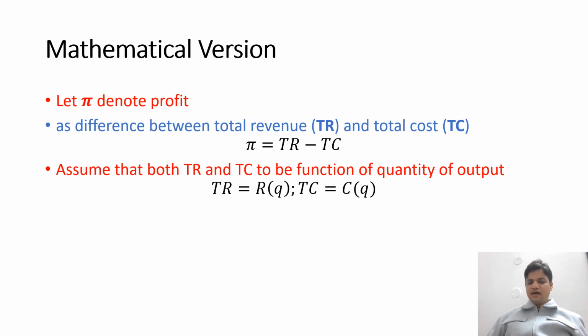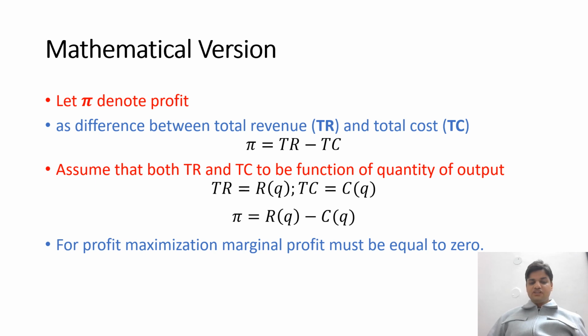Revenue is a function of the quantity Q that is produced, the output quantity, and total cost is equal to C(Q), where C denotes the cost function. So pi is equal to R(Q) minus C(Q).